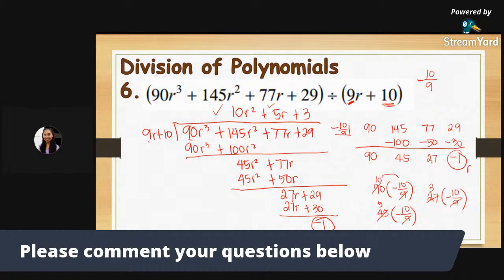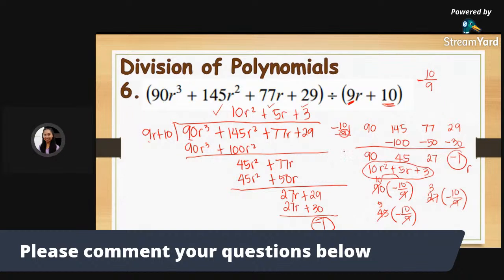And lastly, 27 divided by 9 is 3. Okay, so we get 10r squared plus 5r plus 3. Since we have a divisor 9 here, 90 divided by 9 is 10r squared plus 5r plus 3. This will be the final answer.